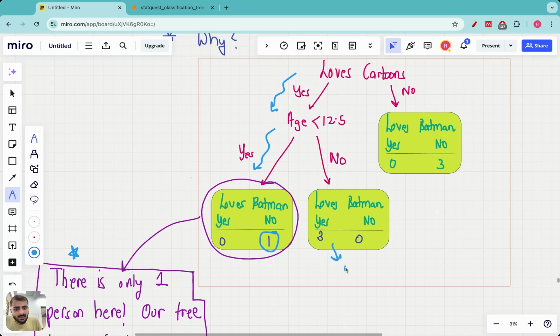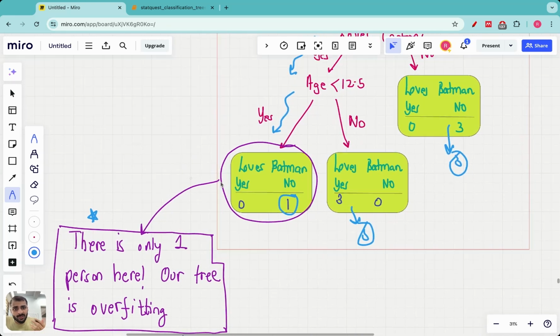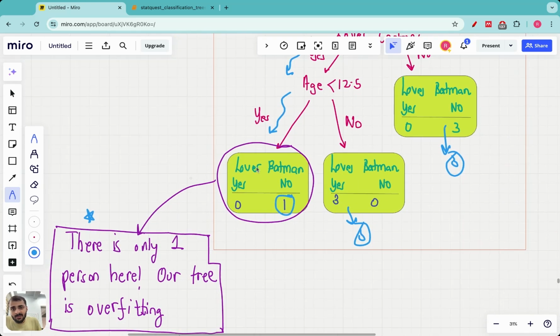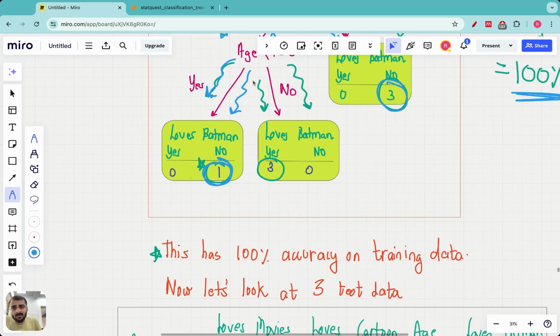There are three people here and three people here, so at least we have more people in these two leaves to make the prediction. But in this leaf, which is loves cartoons yes and age less than 12.5 years, there is only one person. This is a big problem because based on just one person in the training data, we cannot make a decision tree. And in fact, that is the place where we get most of the errors.